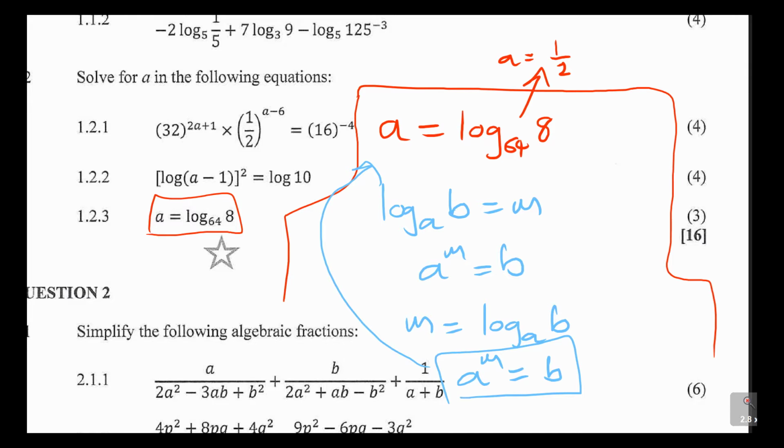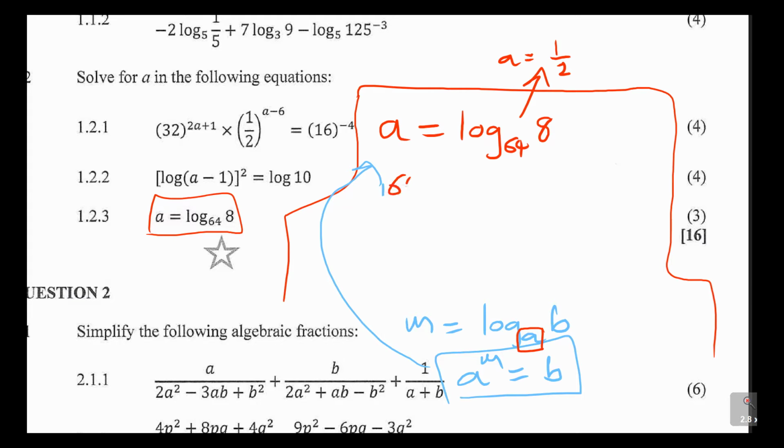So if I'm going to follow exactly that one, I will say the m is my A. Remember, here my A is my 64.